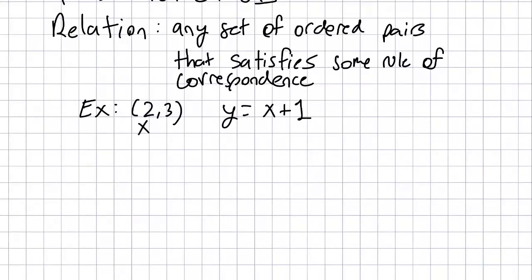So remember, x is 2, y is 3, so you just plug it in. 2 plus 1 is 3. So this holds true. That ordered pair satisfies the equation y equals x plus 1, in general terms.